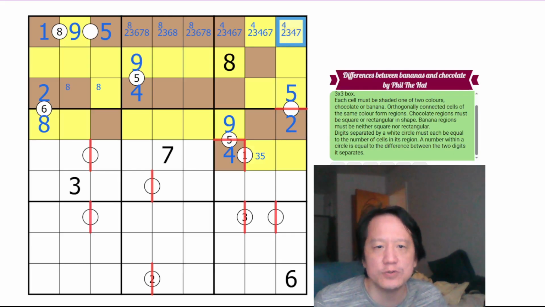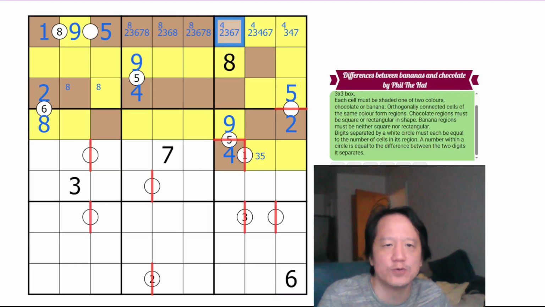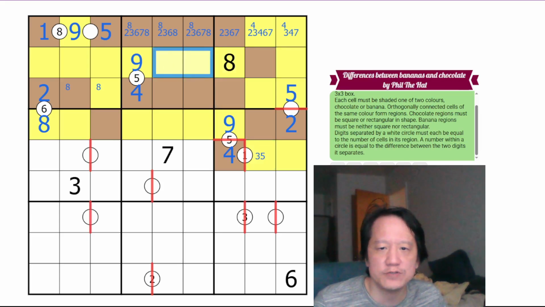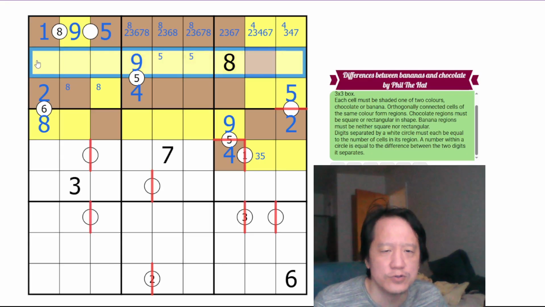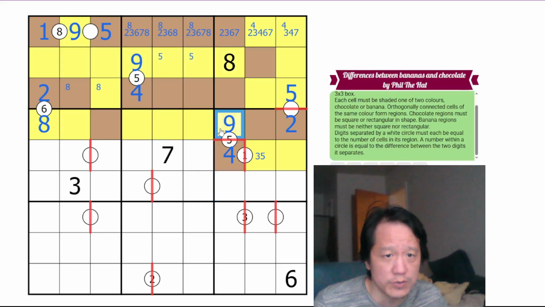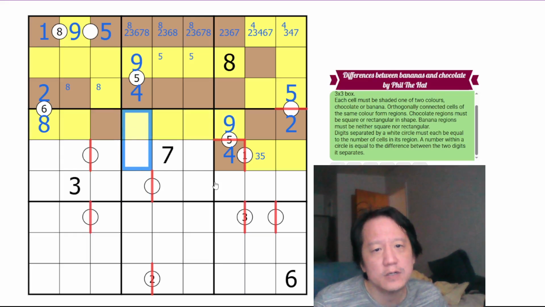2 eliminates 2 in the rest of the column. 4 eliminates 4 in the rest of the column. 5 has to be one of these 2 digits here, because there's no other place for it in row 2. This is brown. It's size 4. We don't know. 3 or 5.